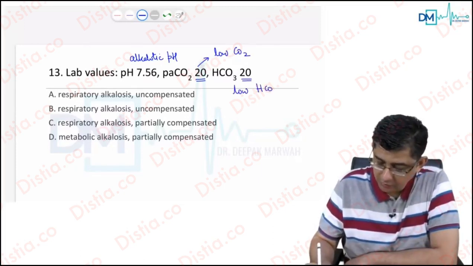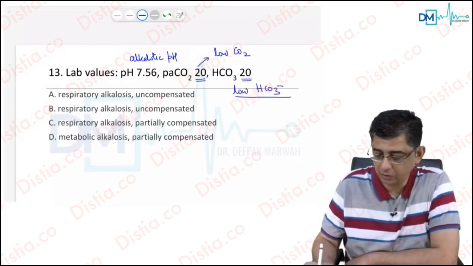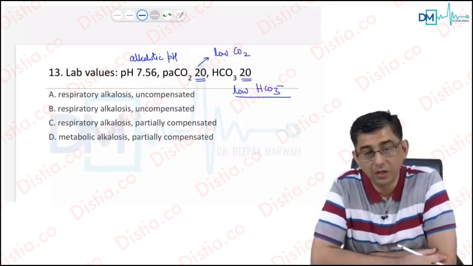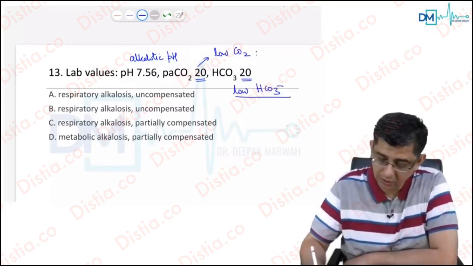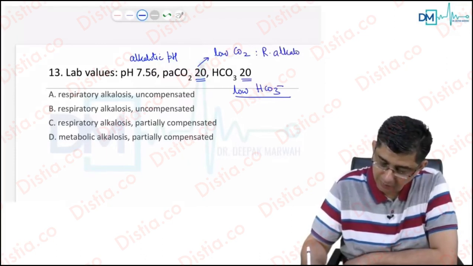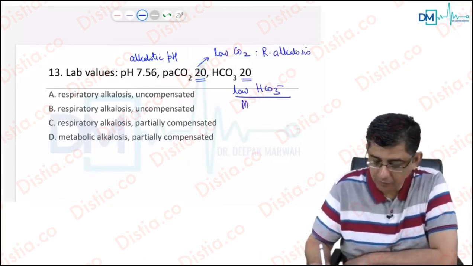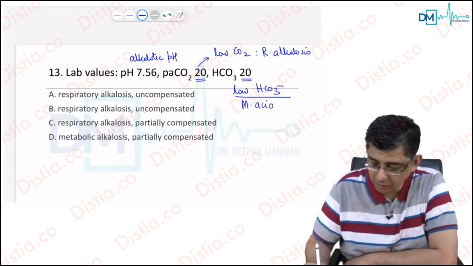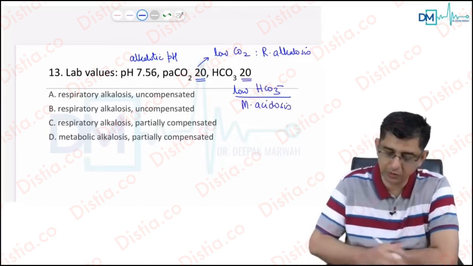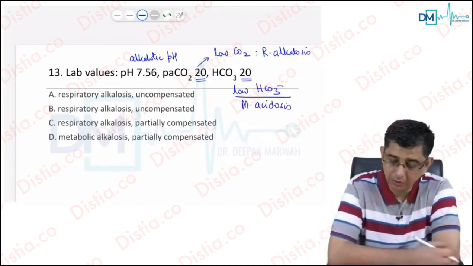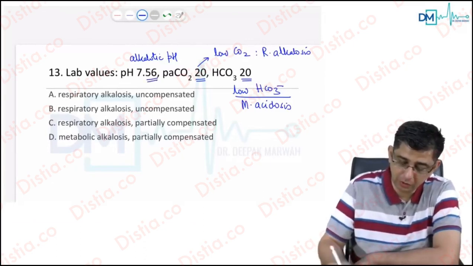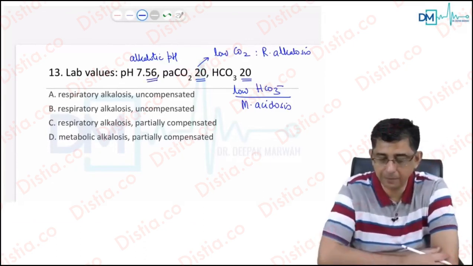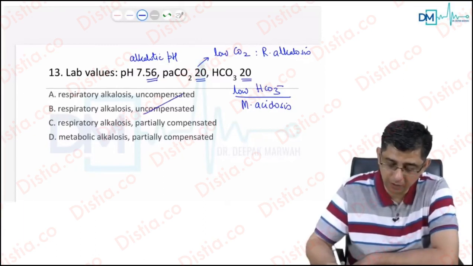Low bicarbonate tells me that in this patient there is a concomitant metabolic acidosis. So the logic is this guy has respiratory alkalosis. In the compensatory process, the kidney is trying to kick out the bicarbonate, so metabolic acidosis also. Since the pH of this particular patient is not normal, it is obviously partially compensated. I am ruling out uncompensated in the question.